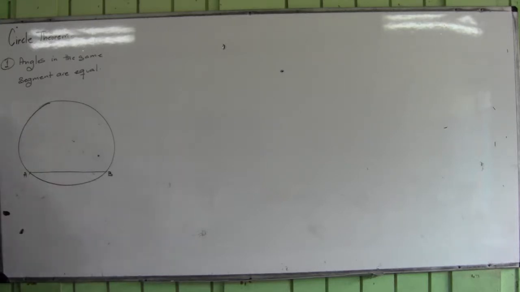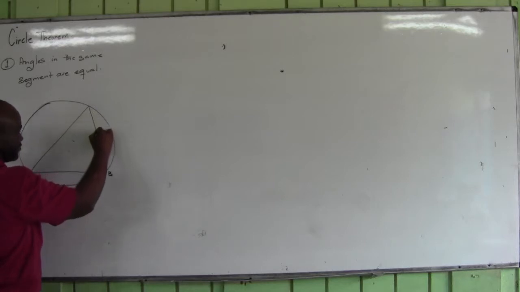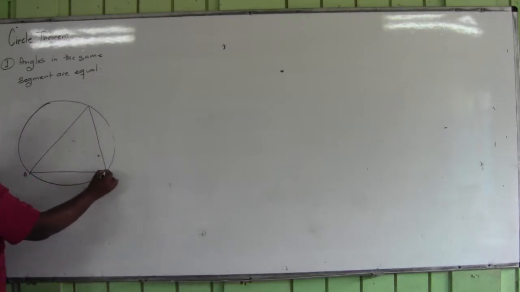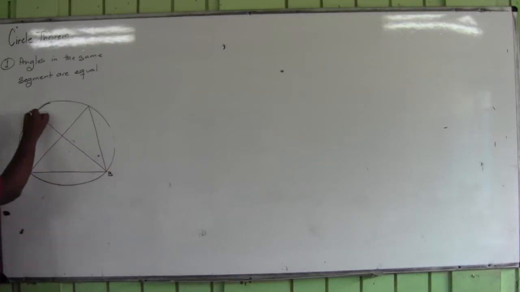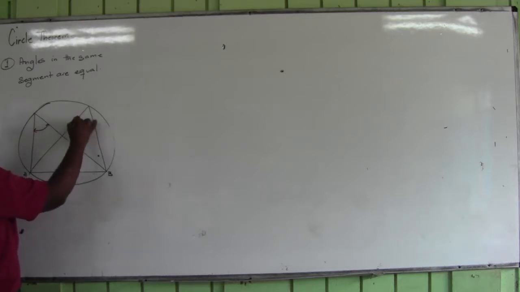Alright, let me draw the first angle in the segment. So I'm going to draw an angle in the major segment. Then I'm going to draw a second angle in the same segment. These two angles are equal, and the reason they are equal is that they are called angles in the same segment.